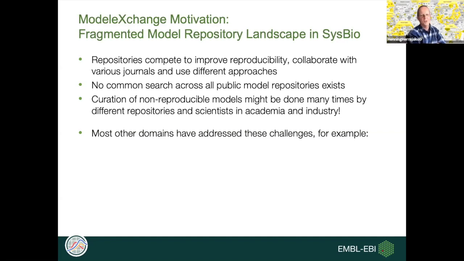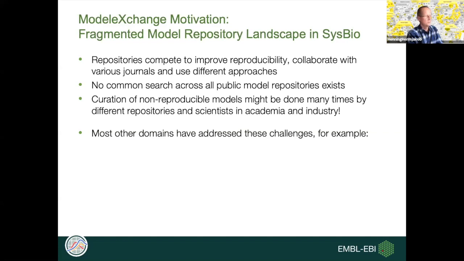They might find this attractive and try to curate it and fail. And individual scientists might try the same, both in academia and industry. So the same poorly provided and perhaps irreproducible model might be tried to be reproduced many times. And that is a huge waste of resources in the public domain and in industry.